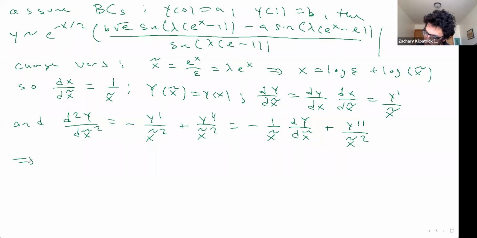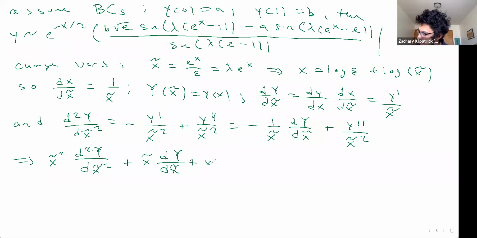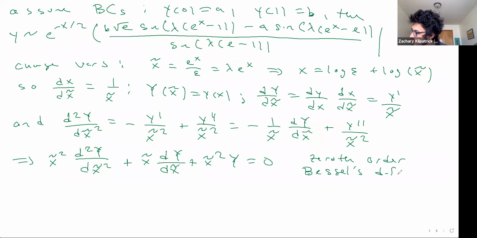In this case, we have x tilde squared d2y over dx tilde squared plus x tilde dy over dx tilde plus x tilde squared y is equal to 0. And in fact, this is what's called the zeroth order Bessel's differential equation.